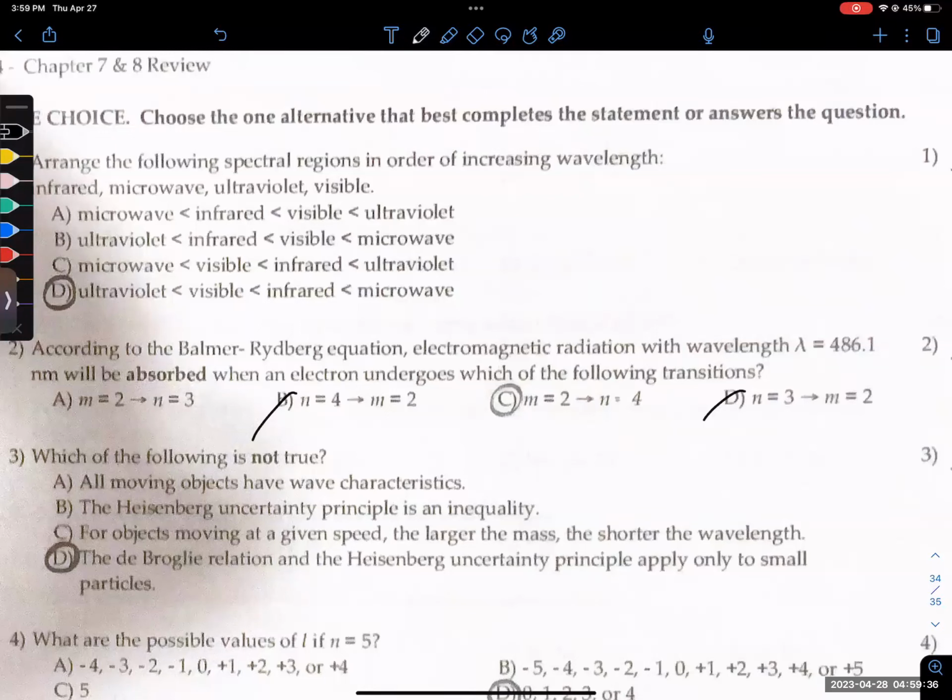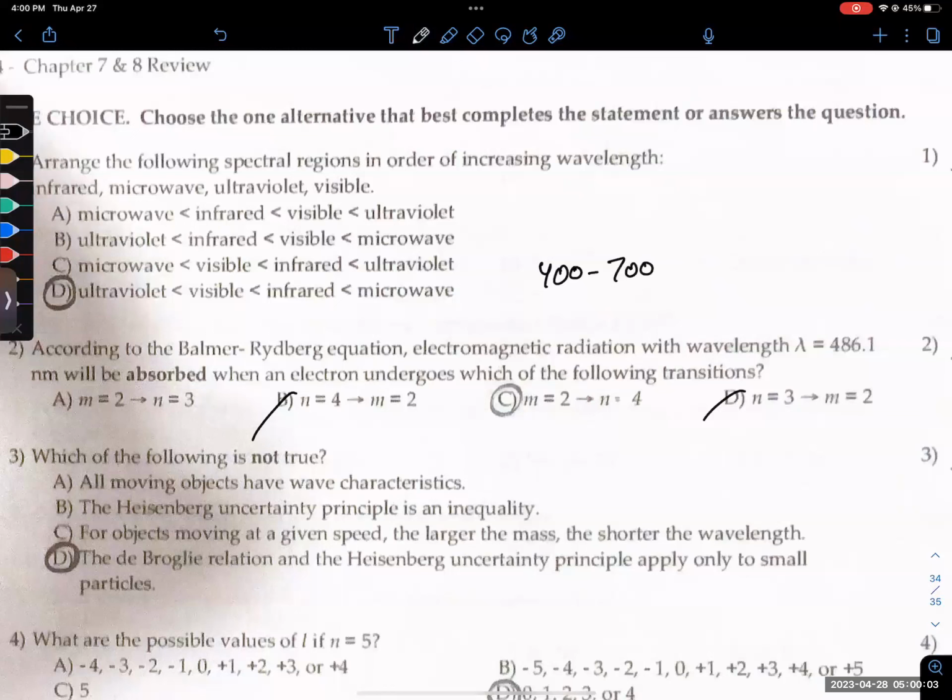So if it's 486, is that a wavelength with really high energy or really low? Remember, it's 400 to 700.